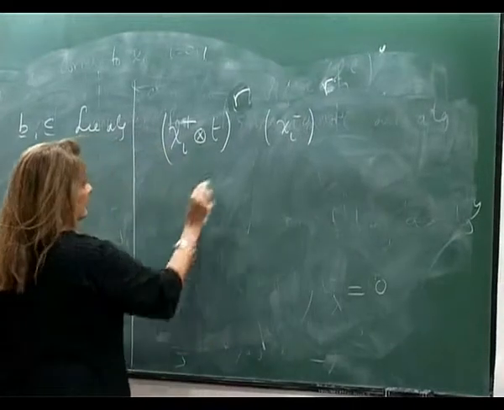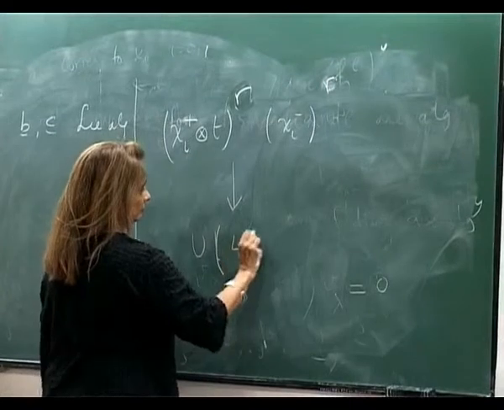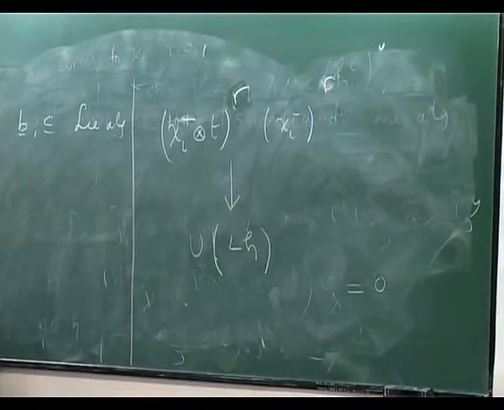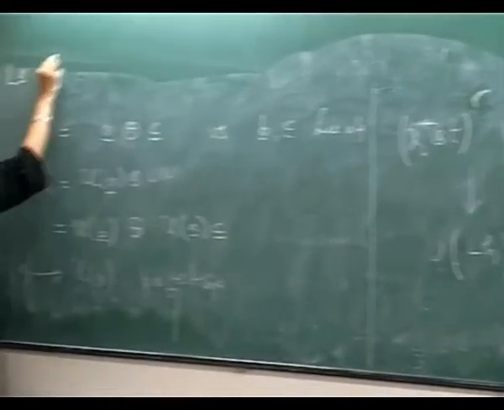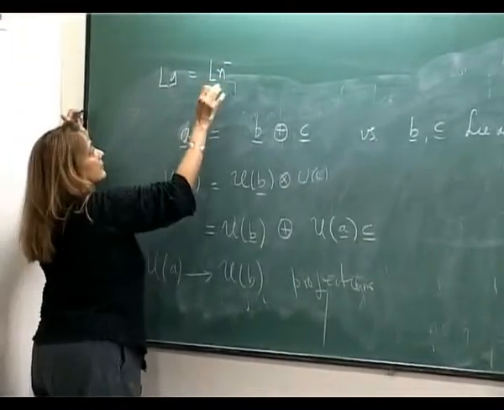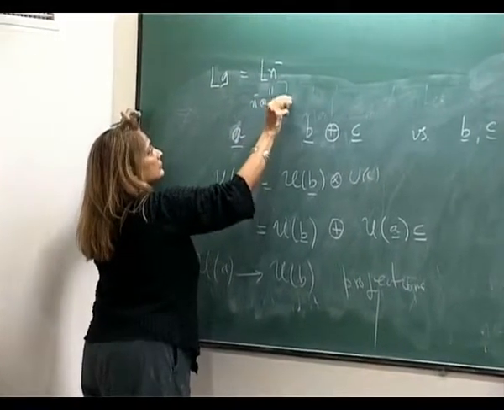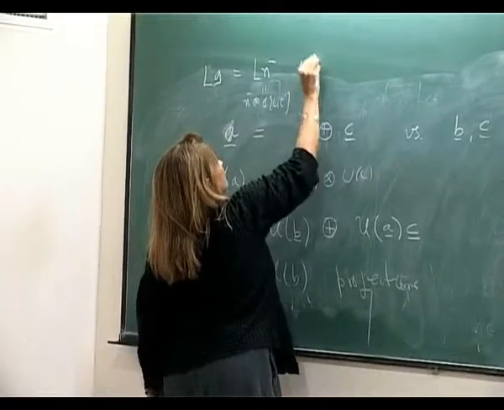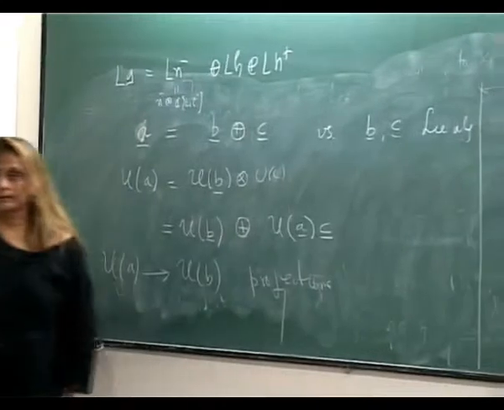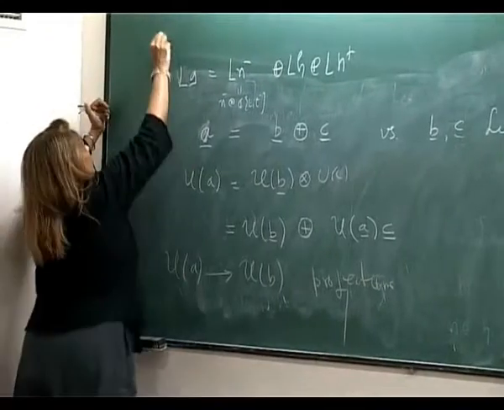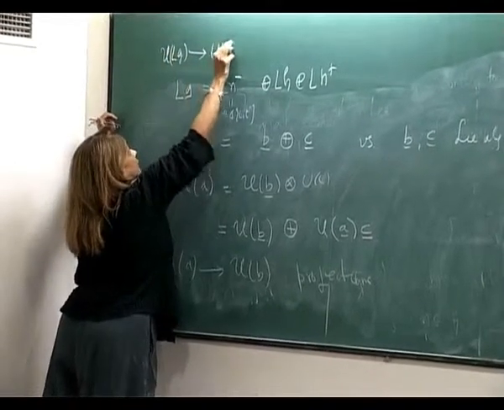And I want to write down projection onto U of LH. So I'm writing L of G. So what am I doing? I'm writing L of G as L of n minus, this is n minus tensor t, t inverse, plus L of H plus L of n plus. And now I'm taking U of LG and I'm trying to look for its projection onto U of LH.